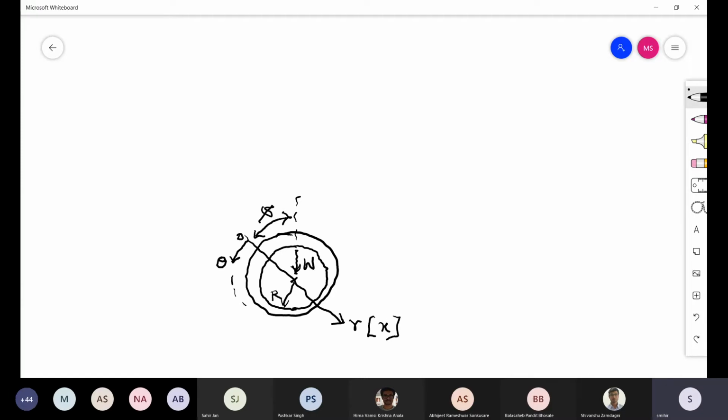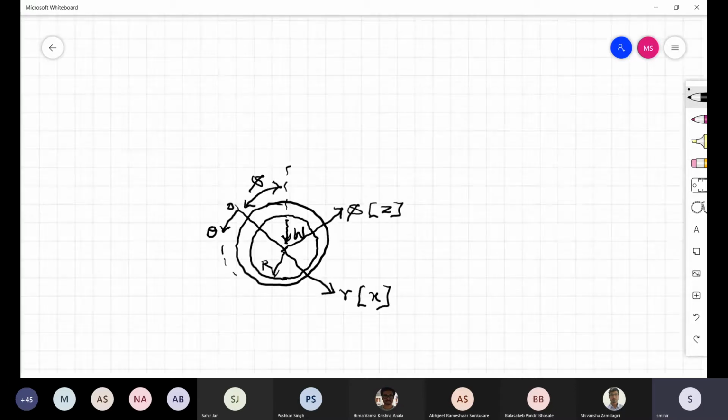Now perpendicular to the r, you can take it as phi, but I have written z. Try to understand, it is actually the r phi coordinate system. Understood? Now this w, if you convert that in the r phi coordinate system, then you should be able to find that expression.